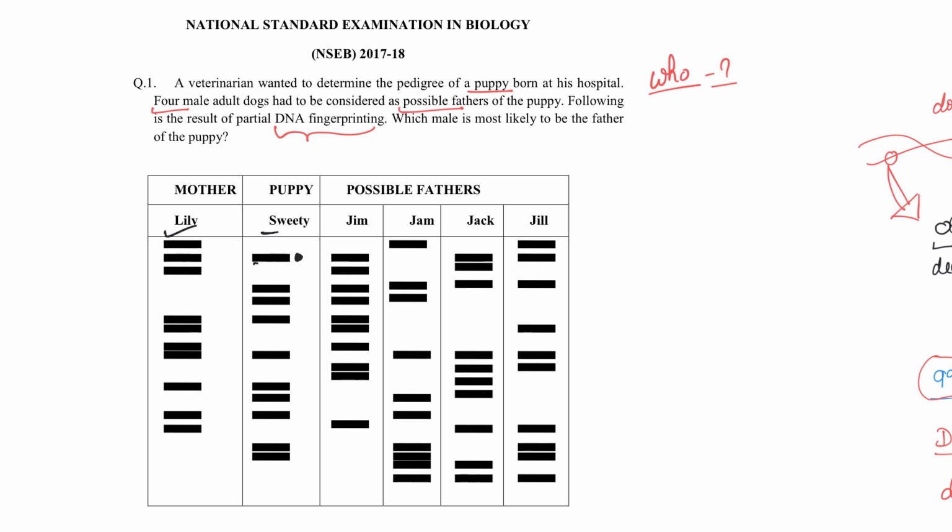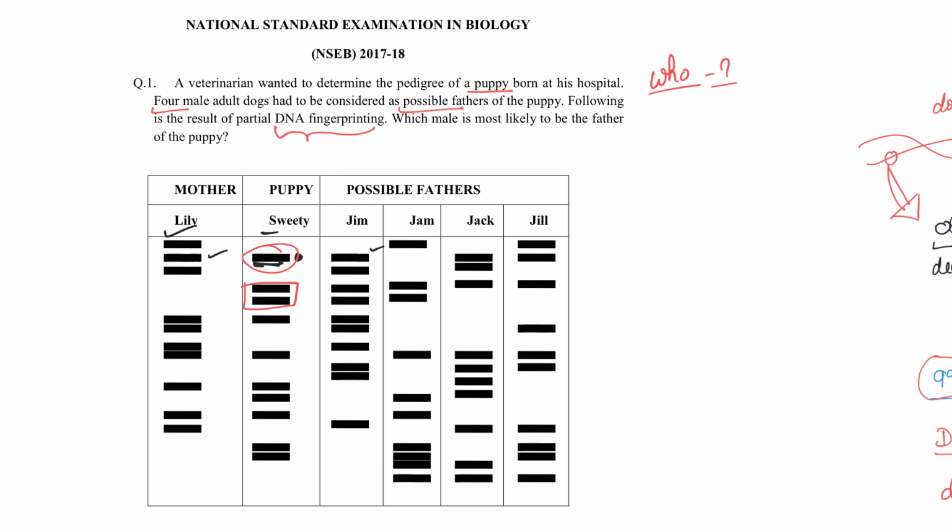So, okay, Sweetie has this, and that's found here, and that's found in Jim, Jack, and Jill. Okay, not a point of difference since this is already there in Lily. This fragment is already there in Lily. Not a point of difference, not important for us. These are important for us.